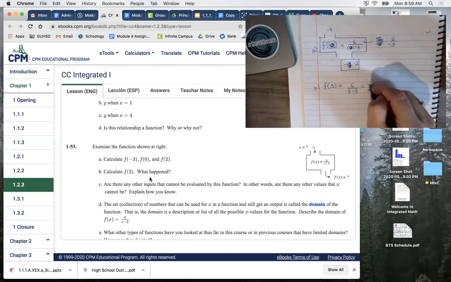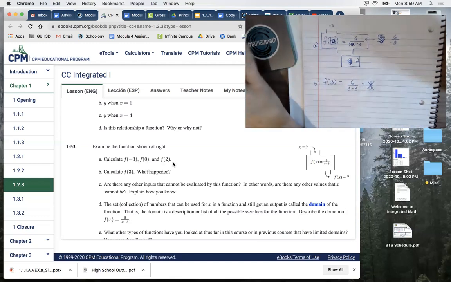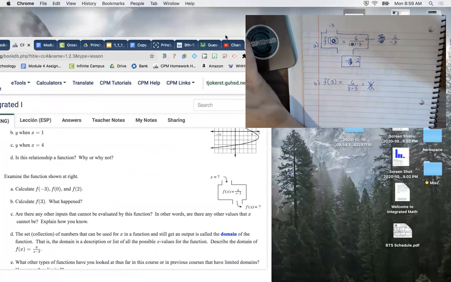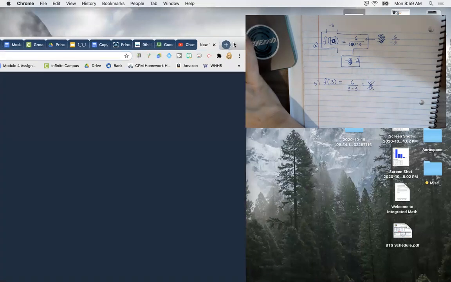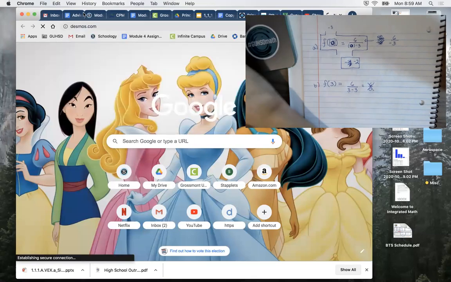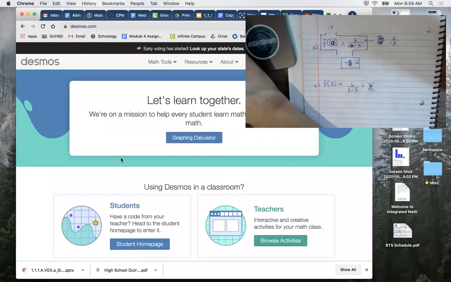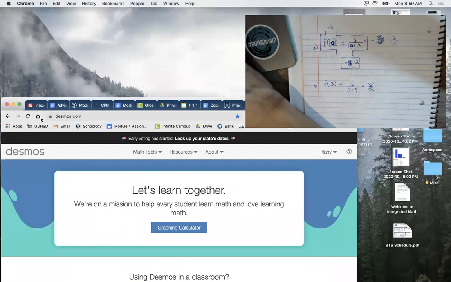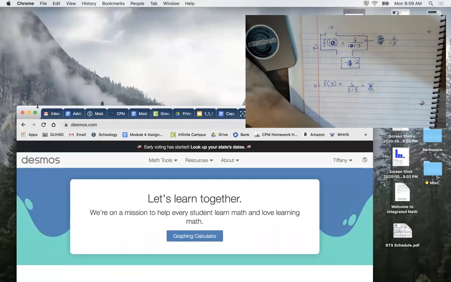This is an error. Well, that has me thinking, what does that mean? When we have a graph of this right here, in fact, I'm going to pull up a graph in Desmos so that you guys can see it, because I do think this is important. It's important for you guys to start to visualize these. So I'm going to go to desmos.com. I'm going to type in this equation. Let me get started. I'm already signed in.